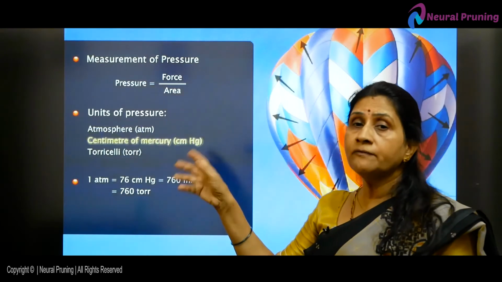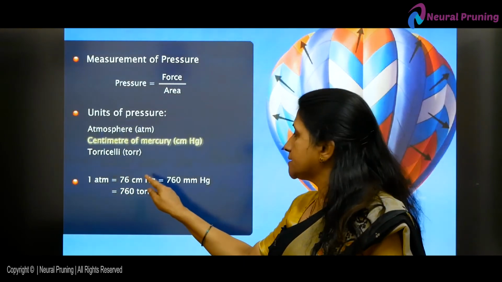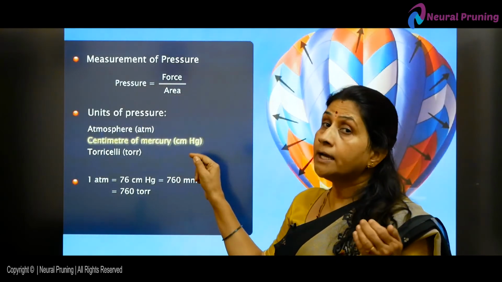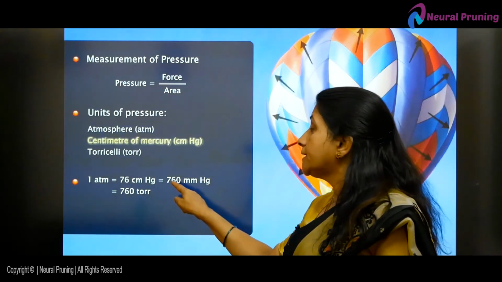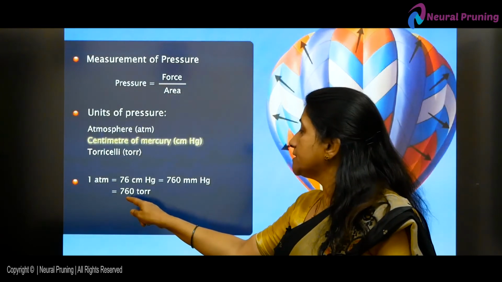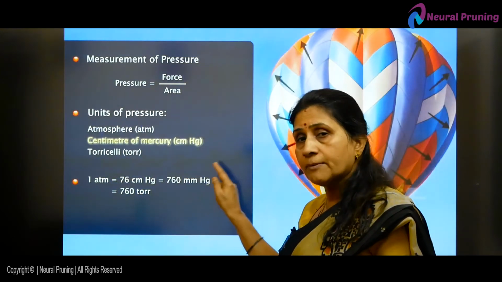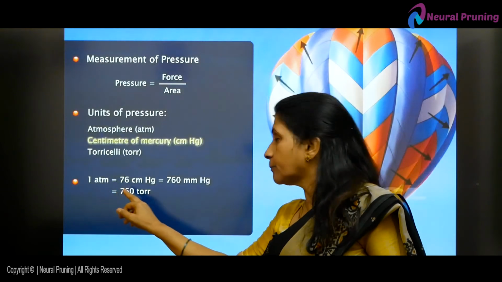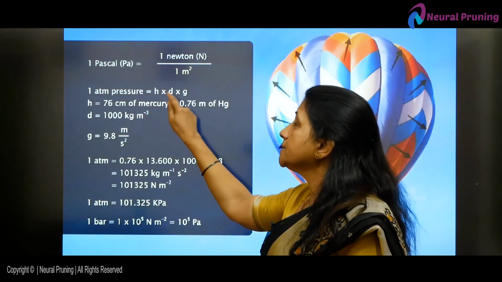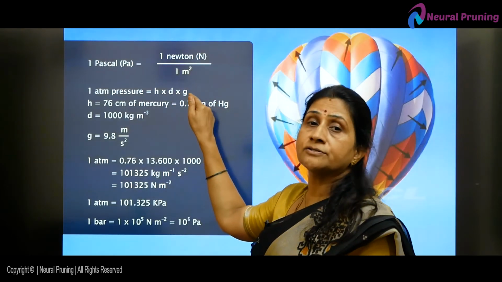Coming to the conversion, 1 atmospheric pressure equals 76 cm of mercury, or 760 mm of mercury, or 760 torr. 1 atmospheric pressure equals hdg, height times density times acceleration due to gravity.